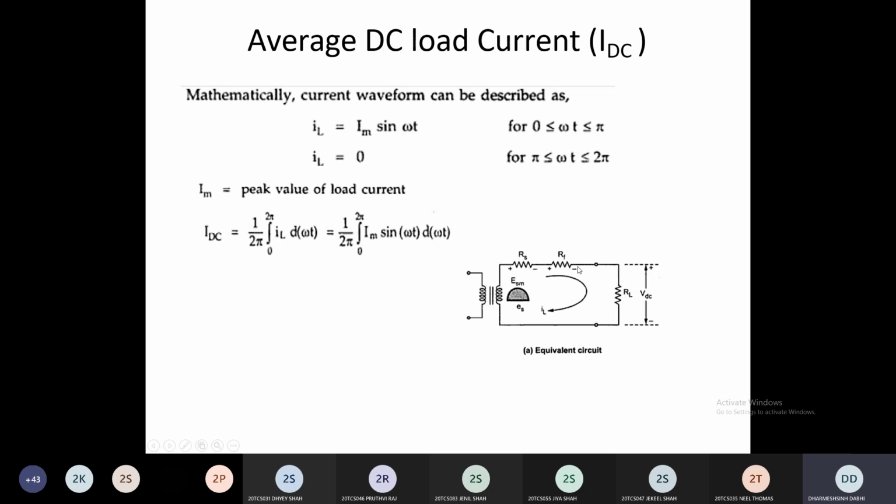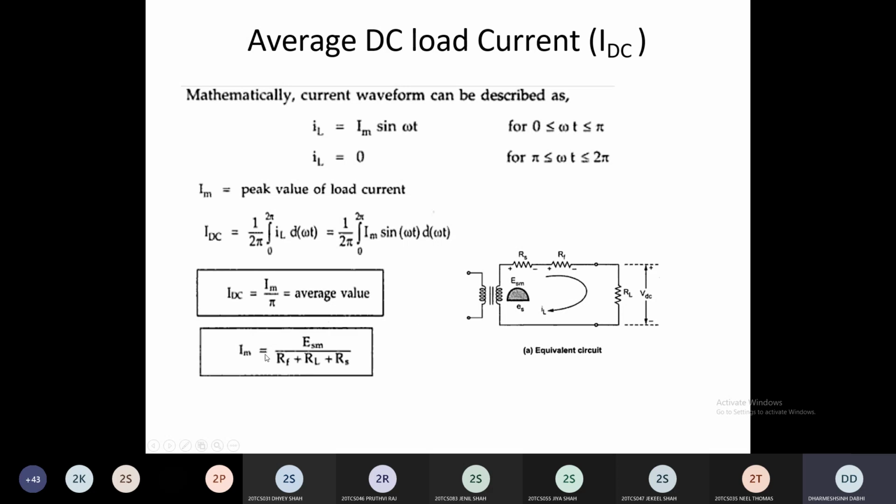In the reverse mode it is very high, so we consider it an open circuit, and current cannot flow. During forward conduction Rf is very small. RL is your load resistance, for example a mobile charger battery, and its value is very high compared to Rs and Rf, so you can sometimes neglect Rs and Rf compared to RL.